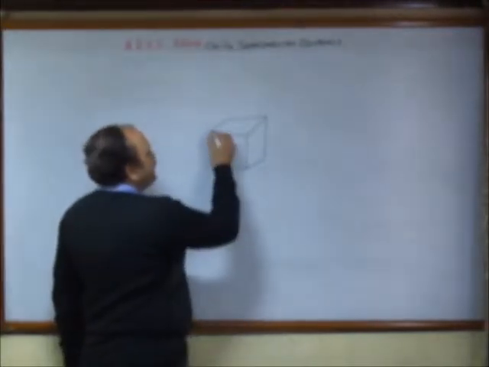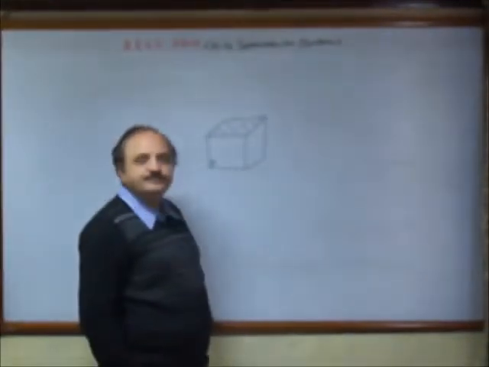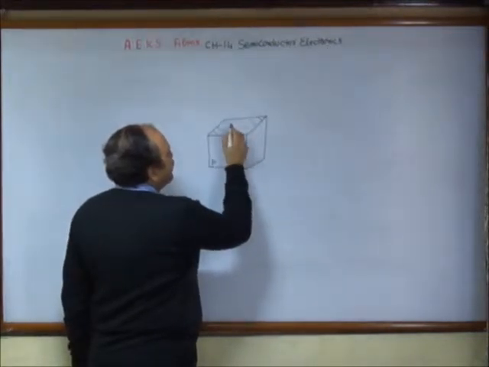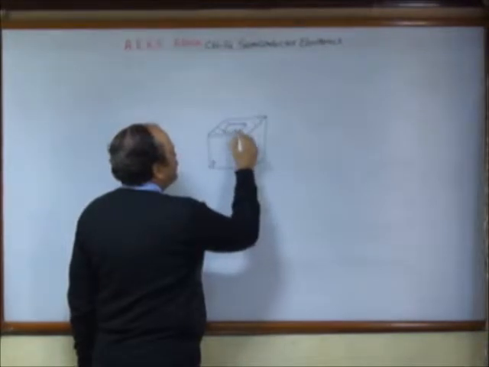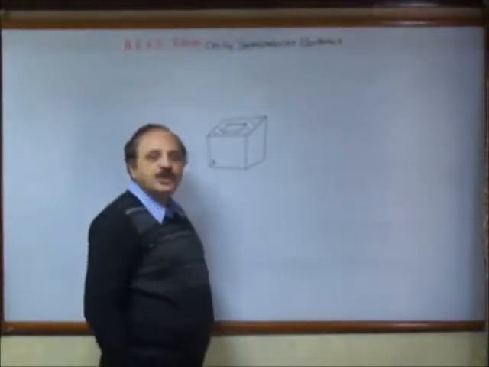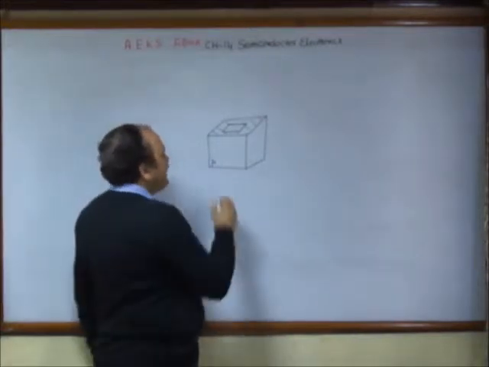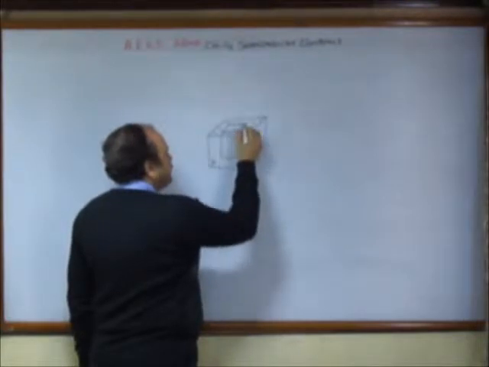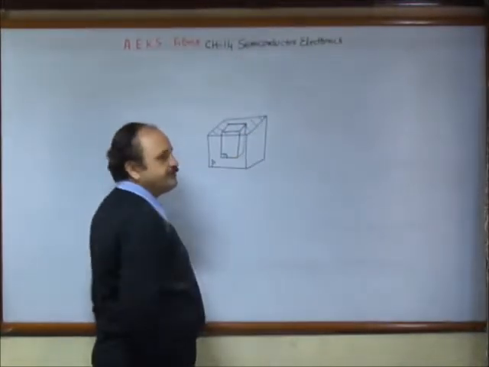Then the upper portion is coated and the coated region is opened from a small portion through which impurities of the 15th group are doped inside, so that this region becomes N region.